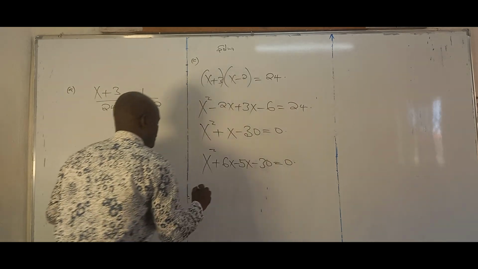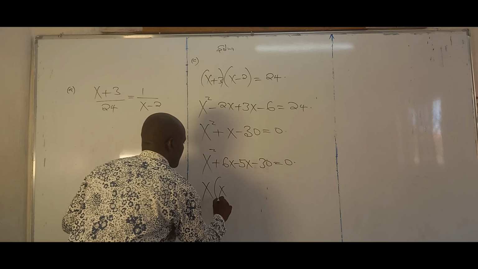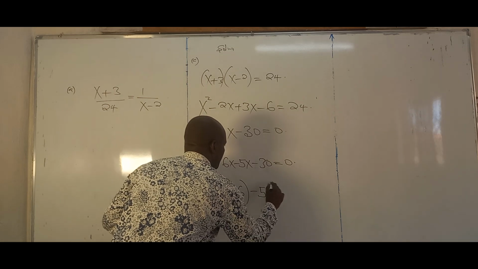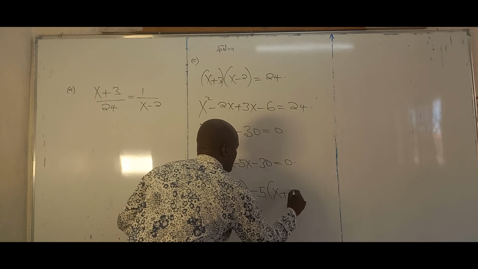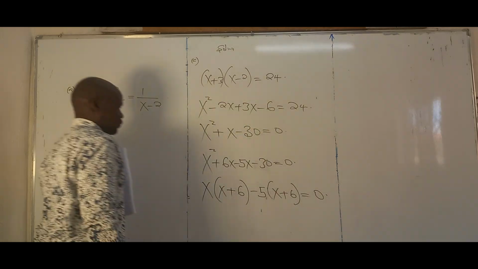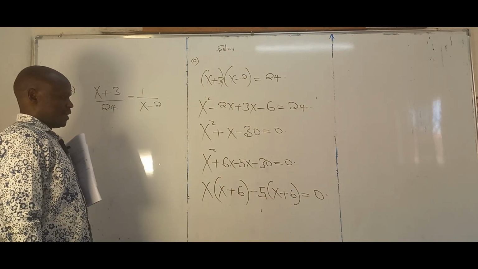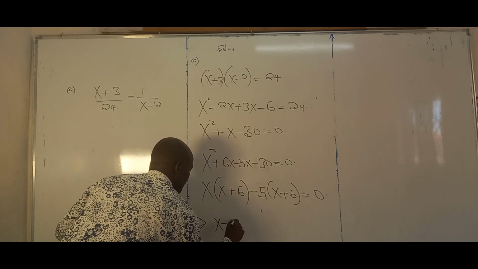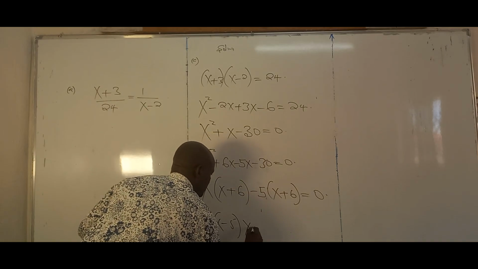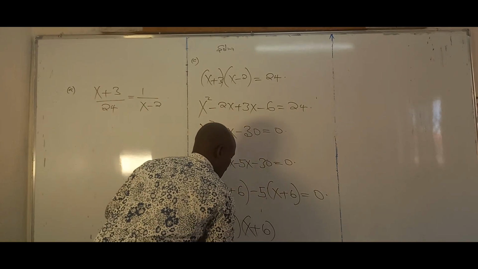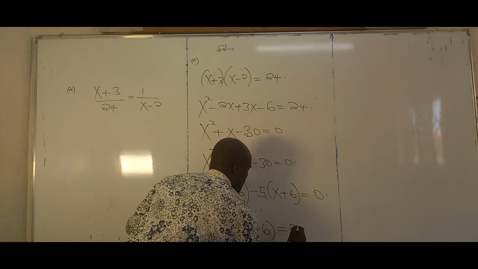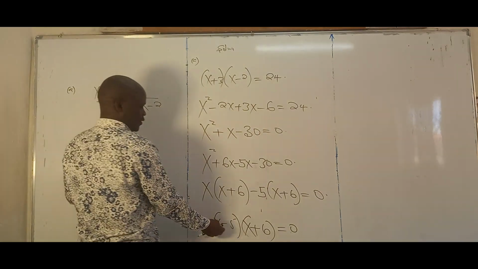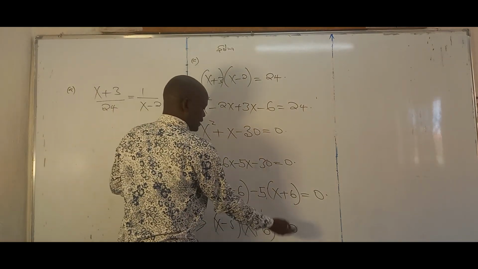I'll be having x outside, then I have (x plus 6) minus 5 into (x plus 6) is equal to 0. And that should imply that (x minus 5) into (x plus 6) is equal to 0. So the value of x can either be x minus 5 or x plus 6.